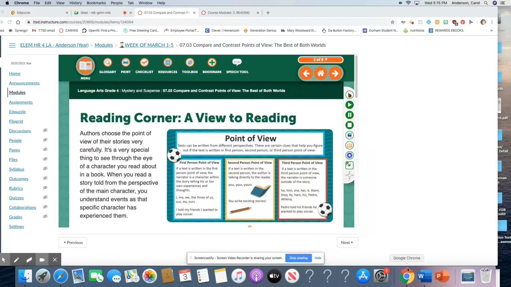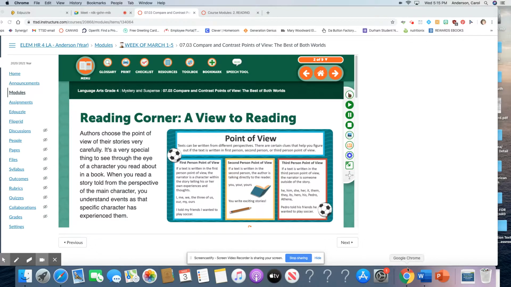Third person point of view, very common. If a text is written in the third person point of view, the narrator is someone outside of the story. You're using words like he, him, she, her, it, them, they, its, hers, his, Pedro, Athena, or any other character, Regina in our story, Indian No More.